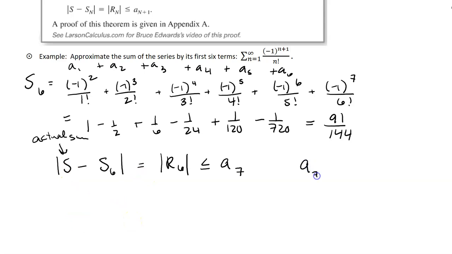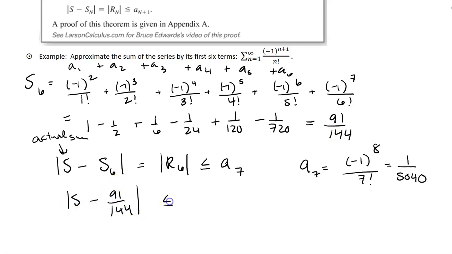Well, a sub 7 is pretty easy to calculate. That's negative 1 to the 7 plus 1 power over 7 factorial. So that is 1 over 5040. So I get that the absolute value of s minus s sub 6 is less than or equal to 1 over 5040.